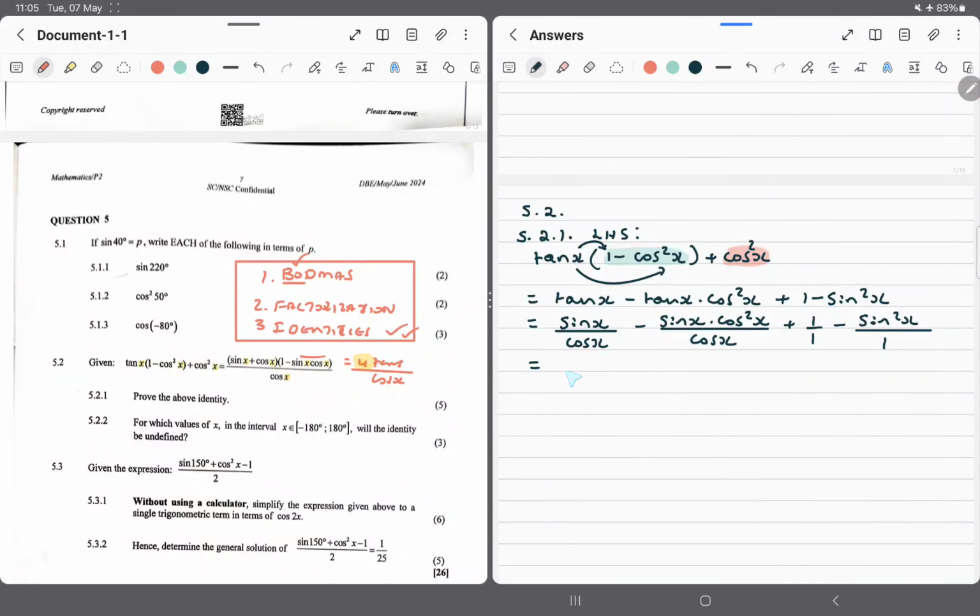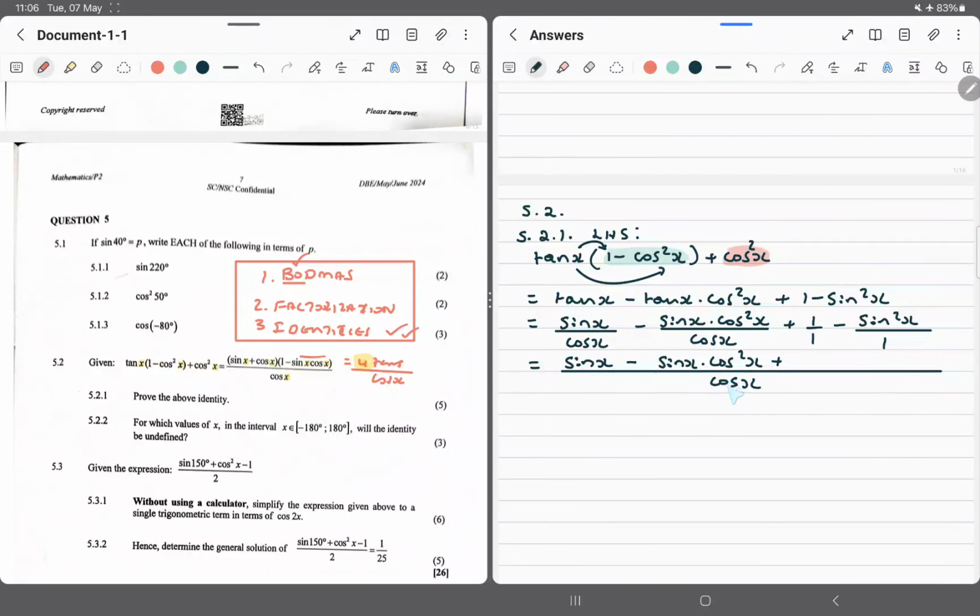The next step is to find the common denominator. The common denominator is thankfully cos x. So now we have our cos x. Then cos x divided by cos x is 1 times the numerator sine x minus, this is 1 times the numerator sine x cos squared x plus.